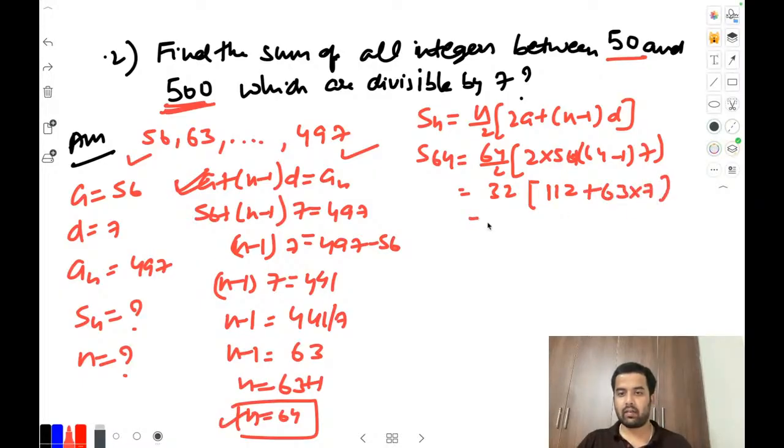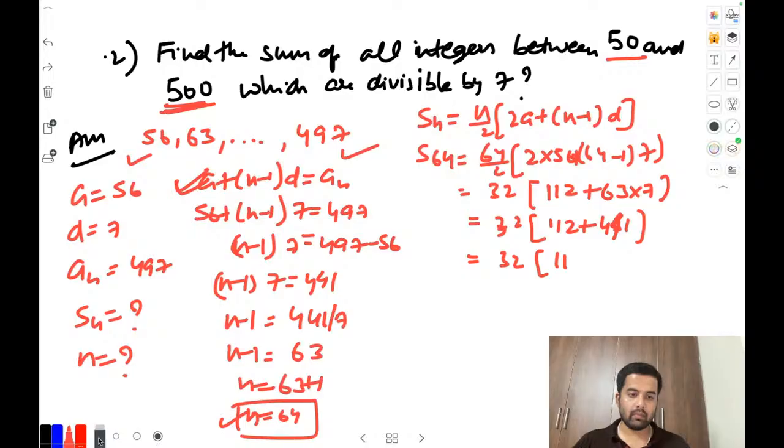Do it properly. Now 32 and 112, this will become... After addition, 112 and 441 become 553.